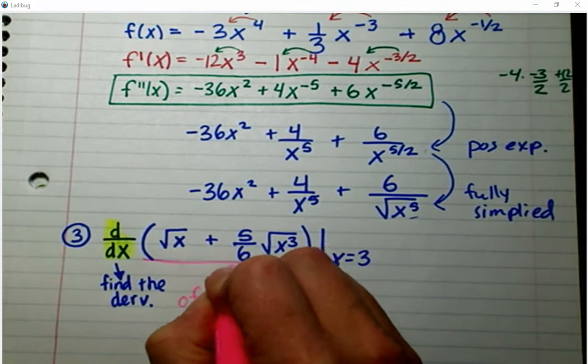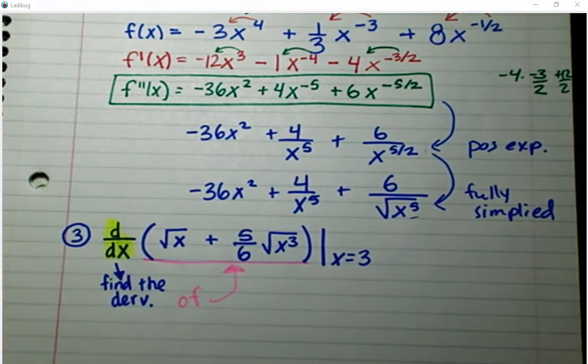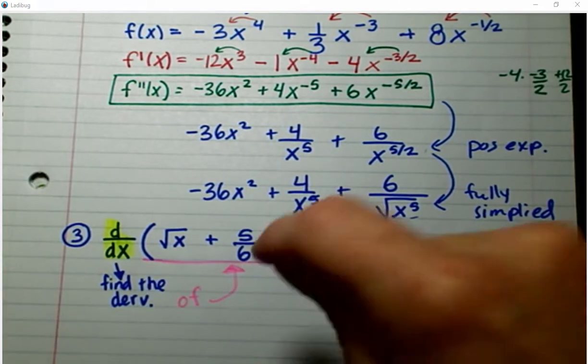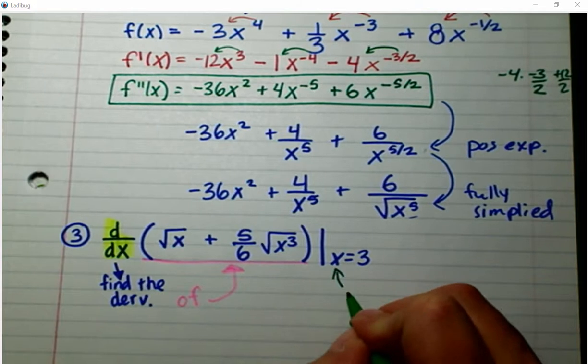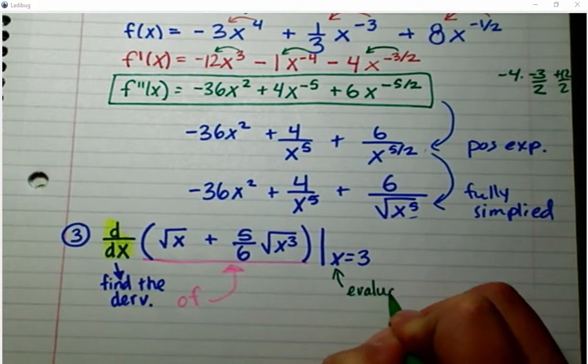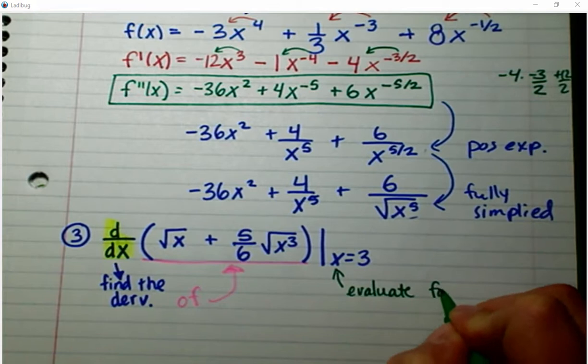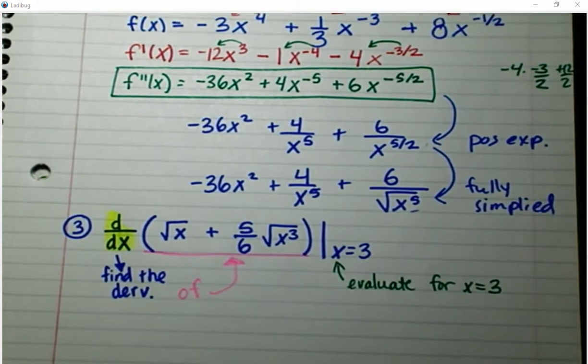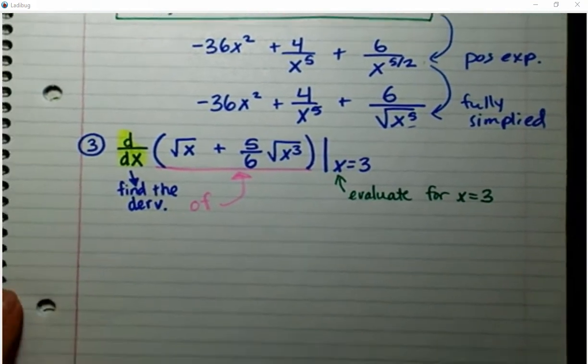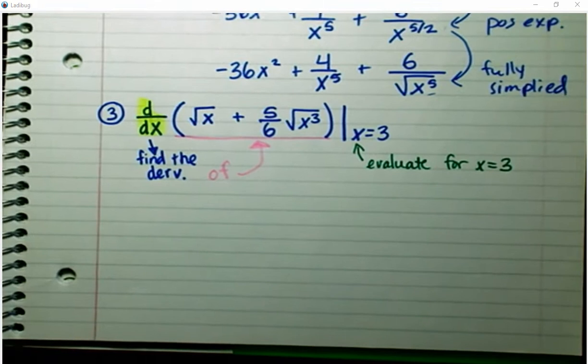Find the derivative of this thing in the parentheses. That's the y equals part. And then the last part is evaluate for x equals 3. So you have a lot of steps here. You've got the find the derivative step, and you have the evaluate for 3 step. Okay. So I've translated the problem.